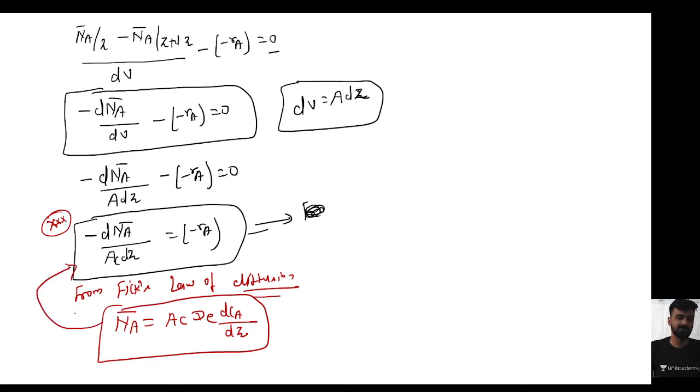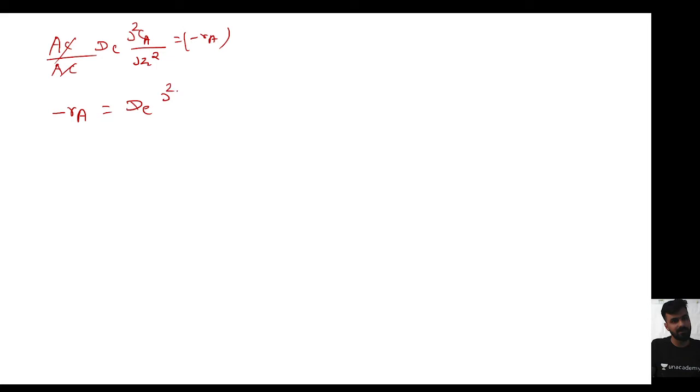So can I substitute over here? Once you substitute, you will get D_e ∂²C_A/∂z² equals minus r_A. This A_c will get cancelled out. So minus r_A is equal to D_e ∂²C_A/∂z².